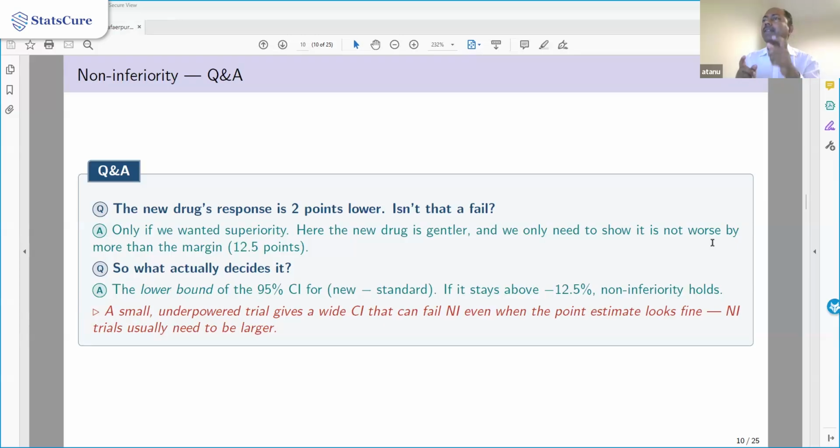But even 5% lower is still acceptable, because the second arm has other benefits in terms of cost, low toxicity, and affordability; everything is good. So even though the second arm is 5% lower, you are still going to consider it. Okay, and that's what delta stands for.